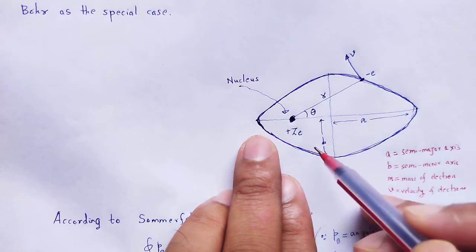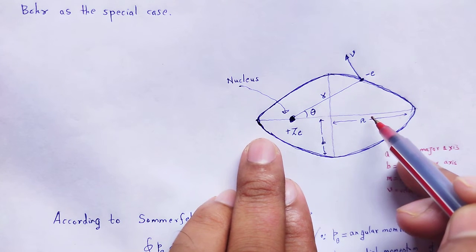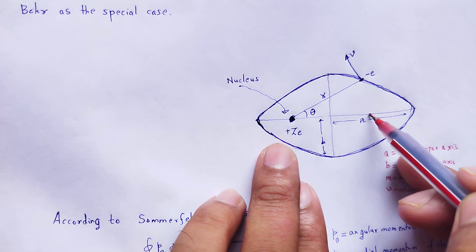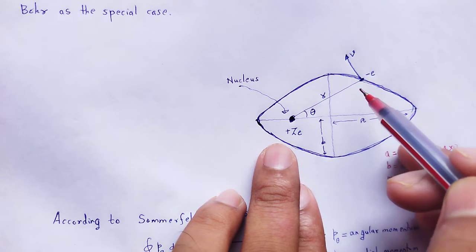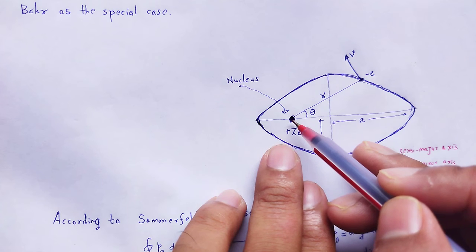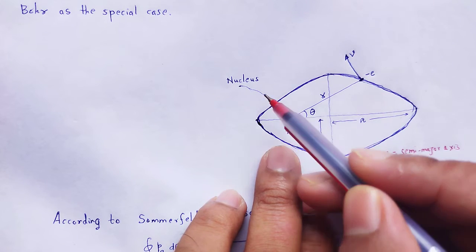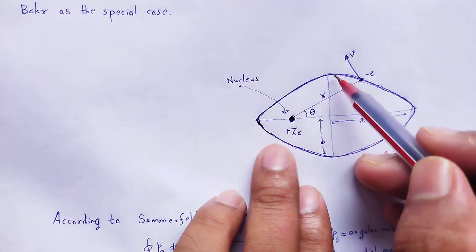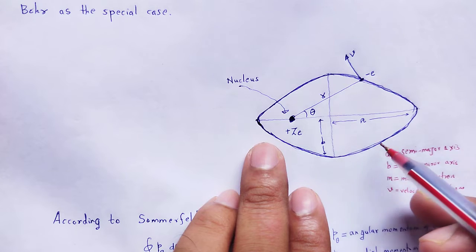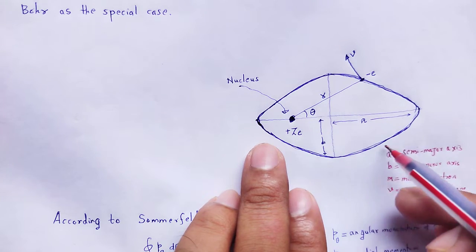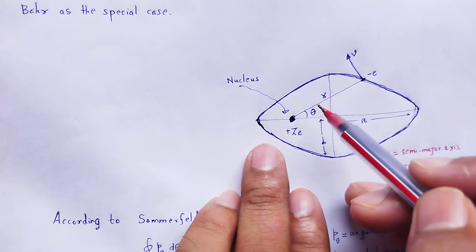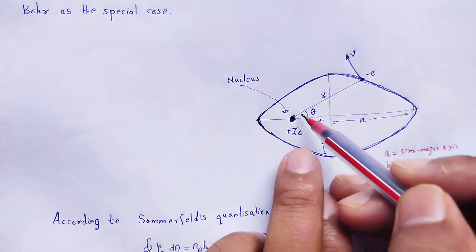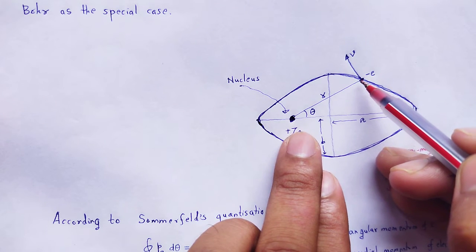That elliptical orbit has two foci. This one is a focus, that one is another focus, and we consider one focus where the nucleus is present, and the charge of the nucleus is Ze. The electron revolves around that nucleus in the elliptical orbit with velocity v, and it makes an angle theta to the nucleus.